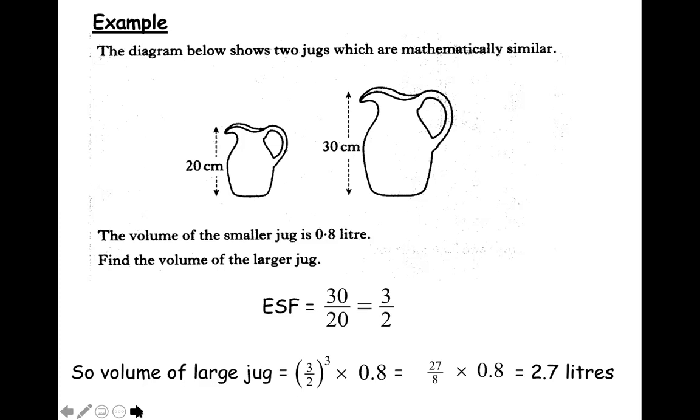So 0.1 times 27 is 2.7 liters. And that is plausible, because if you think about 30 centimeters, just a ruler, a jug that is 30 centimeters in height would contain about 2.5, 2.7 liters. Okay.